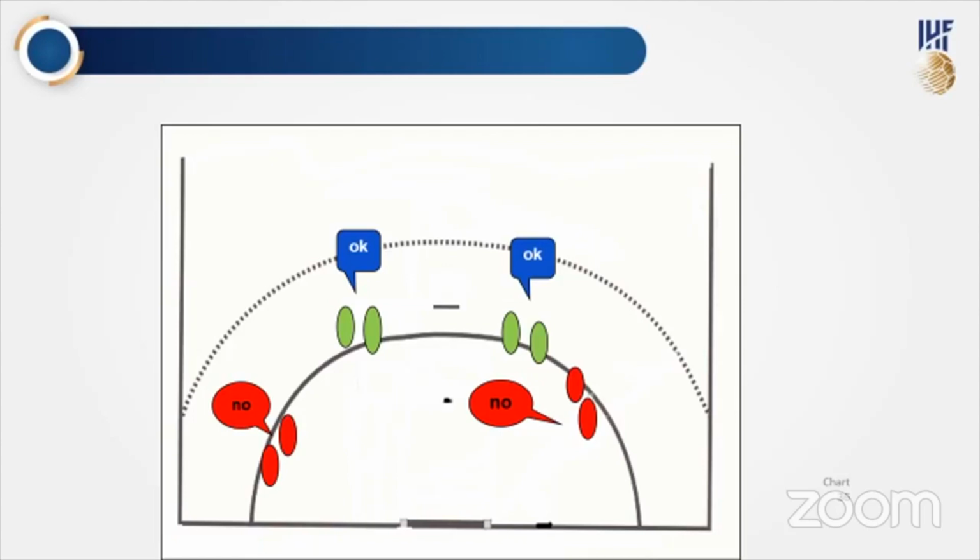When the new rules come, it might be a different interpretation of this, because I know what Michael will say: okay, the defender is allowed to touch the goal area line, but if the attacker with the ball is touching the goal area line with 1 millimeter and scores a beautiful goal, the goal is still cancelled because of his stepping on the goal area line.